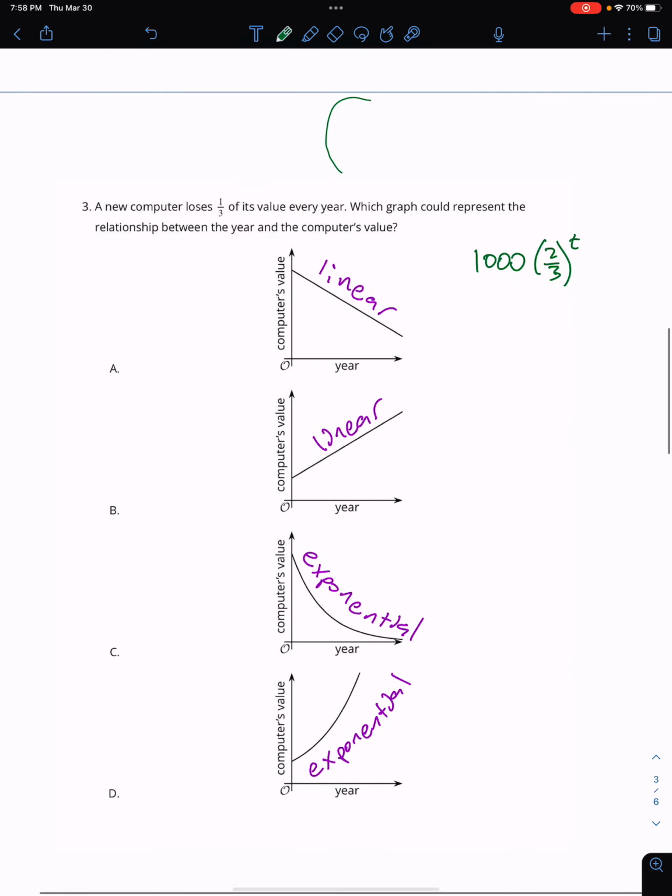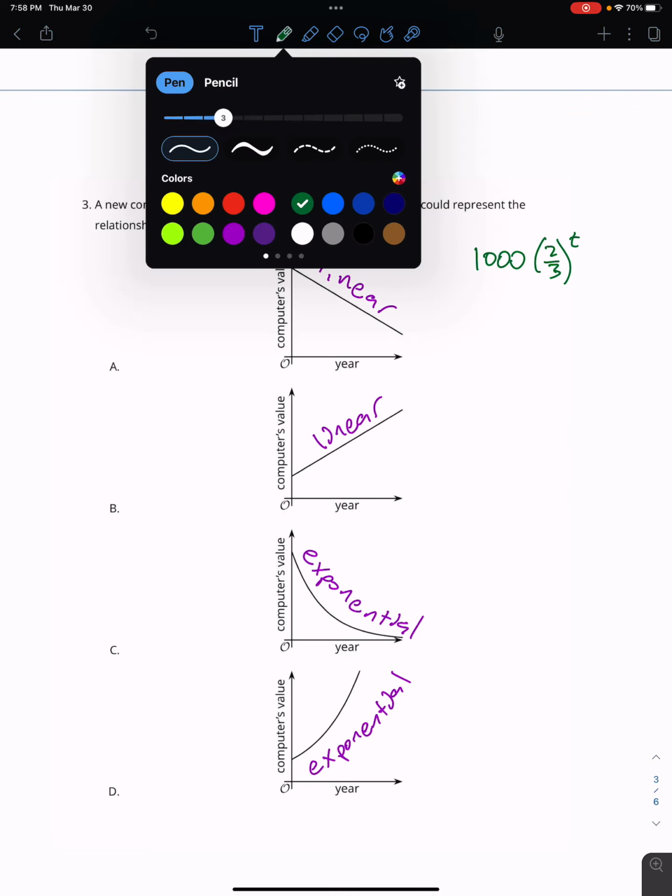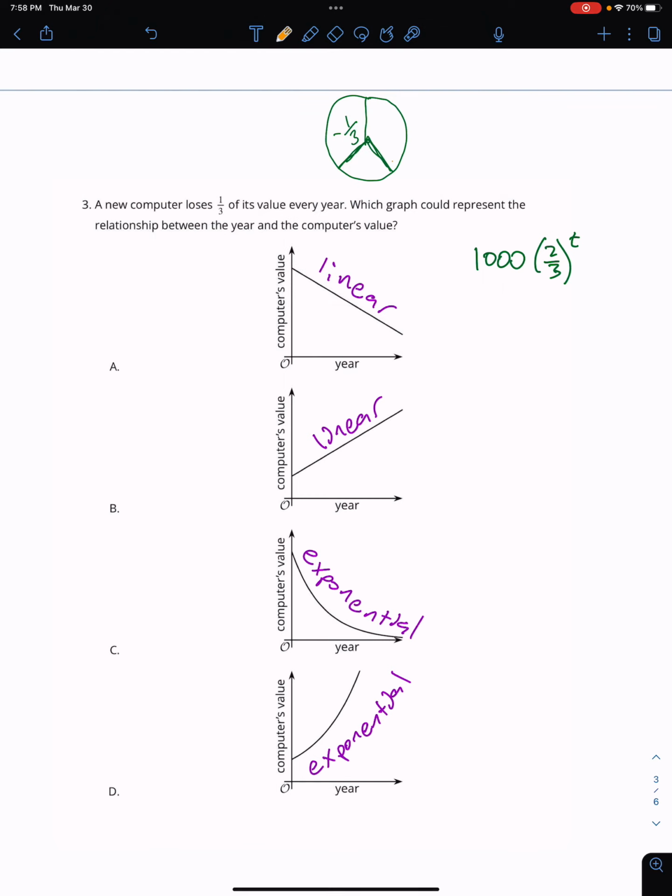right? Let's pretend we got a pizza with 3 slices on it. Let's just say those are 3 equal slices, okay? And if you're losing 1/3, let's take away 1/3 of this. Each year we take away 1/3. Well, how much is left, right? Well, guess what?